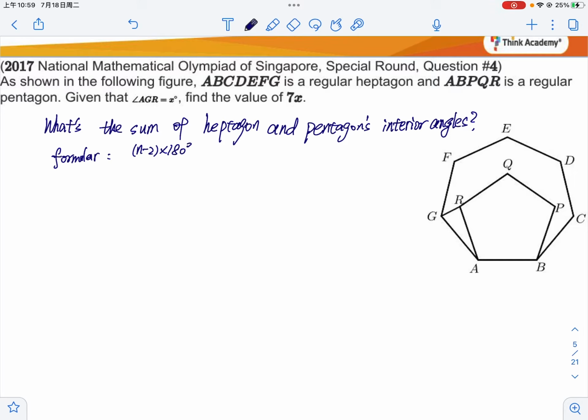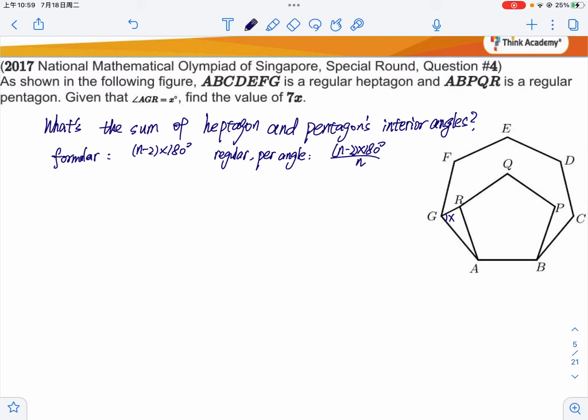So if it's regular, the angle per vertex is just n minus 2 times 180 degrees divided by n. Okay, so for this question, we need to find out the angle AGR. Is this one? So let me ask you the first question.